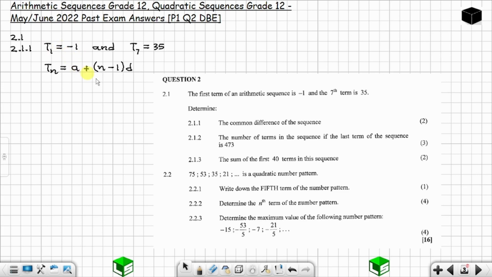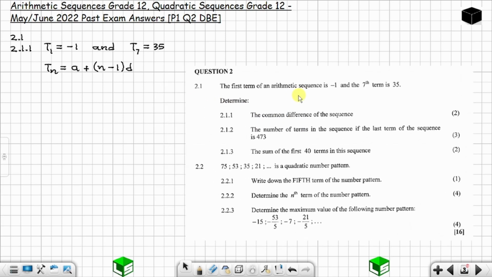N is going to be substituted with 7 because 35 is the seventh term. And so you can solve for D, the common difference.